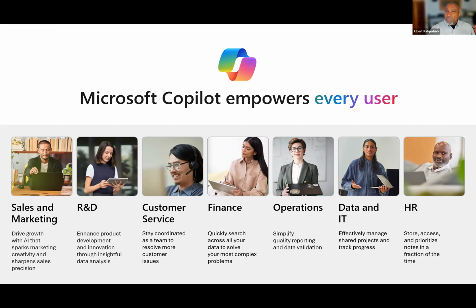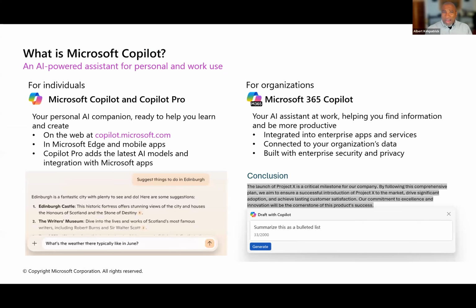Some feedback I got from other sessions was to explain where Copilot is, because you can encounter Copilot in a couple of different places. There's Copilot that you can get to either through your Windows taskbar or at copilot.microsoft.com. We often refer to that as Copilot Chat.